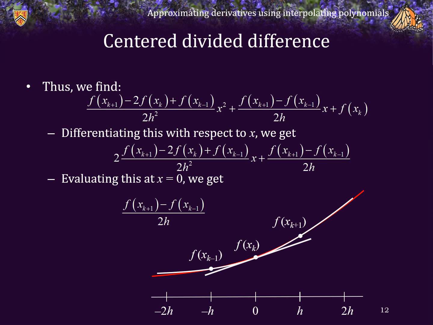Well, that gives us the constant term, which gives us the slope we see here. So that slope is probably a good approximation of the slope at 0 in this case, and originally the point x sub k.